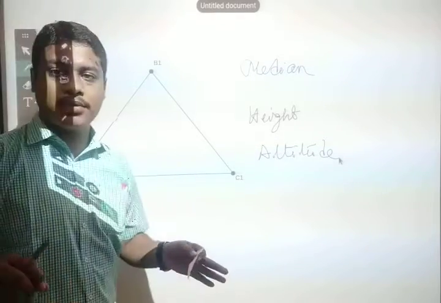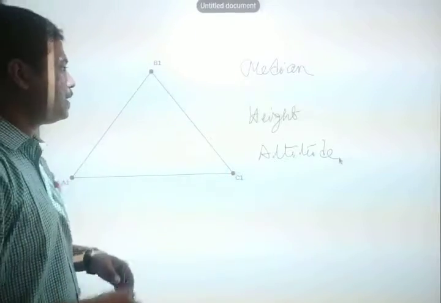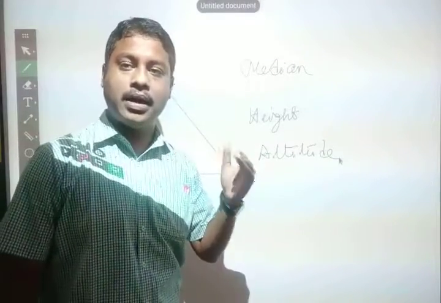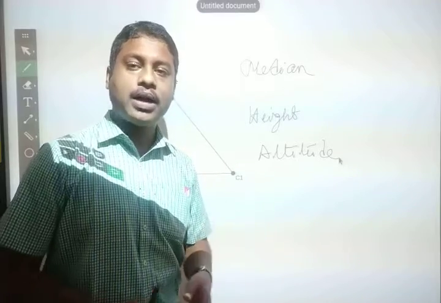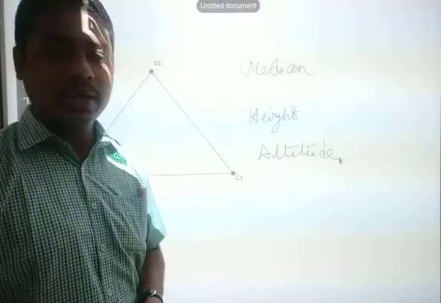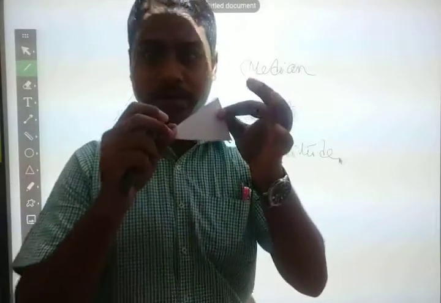First of all, for finding which one is a median, you can do one thing. Draw a triangle on a white sheet of paper, then cut the triangle with a scissor. After cutting the triangle, you take it, the way that I have done.